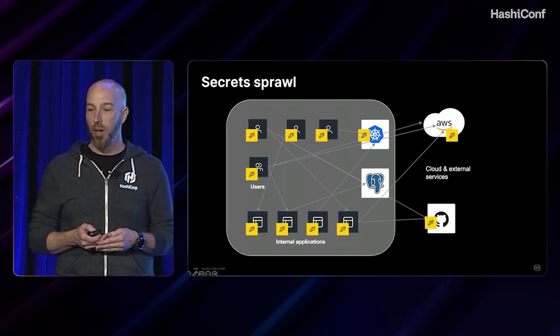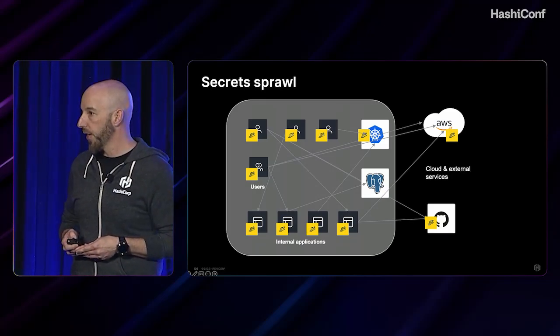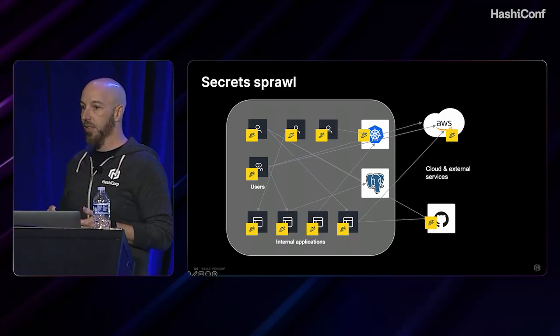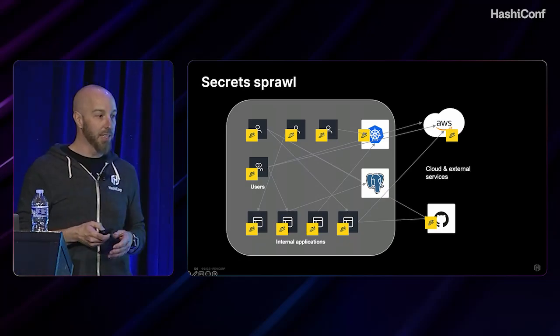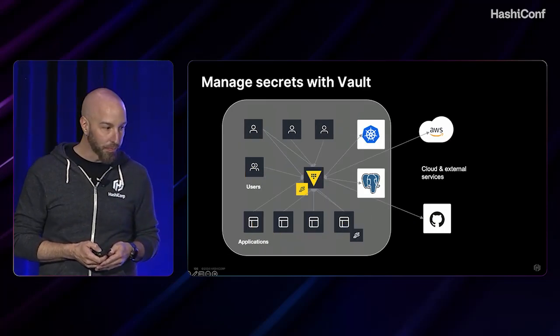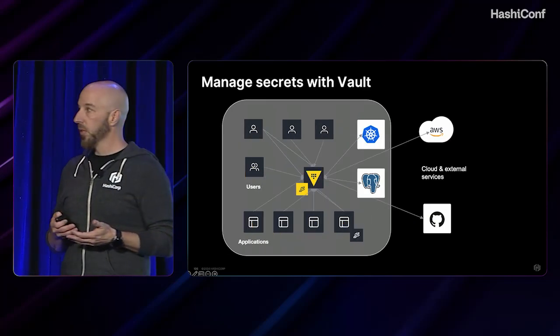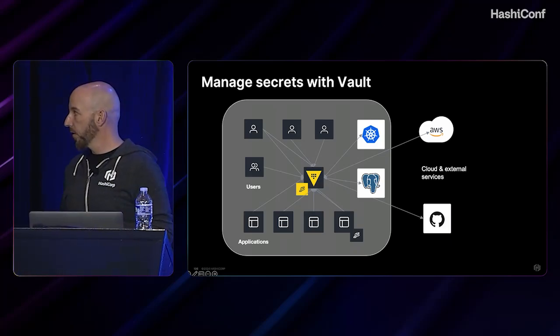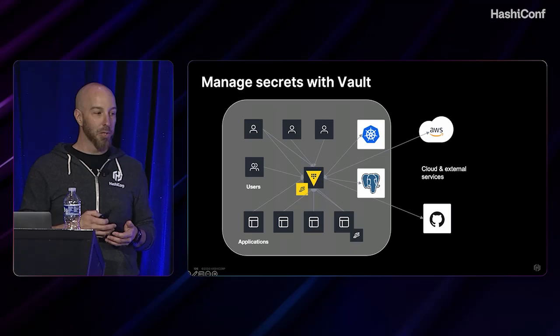So if you're running workloads on Kubernetes already, and teams are already managing secrets with Kubernetes secrets, they may not want to refactor their application. With Vault, you can still centrally manage all of your secrets to enable teams that are able to change.